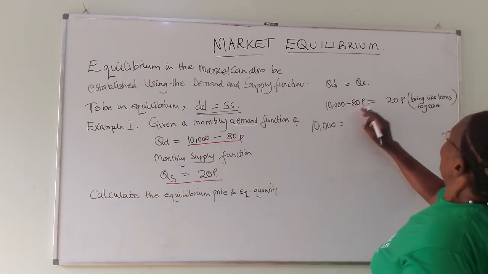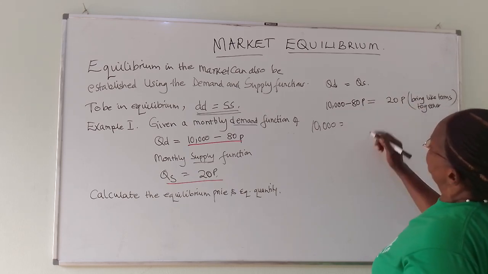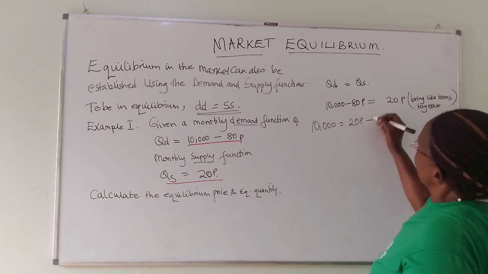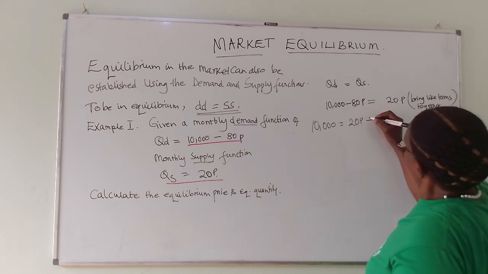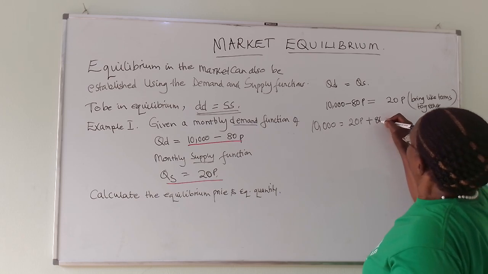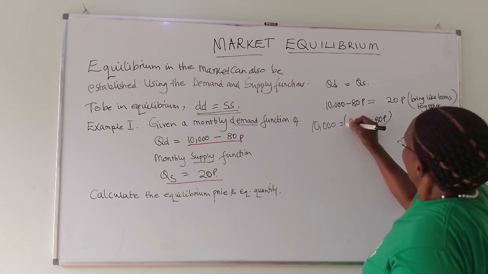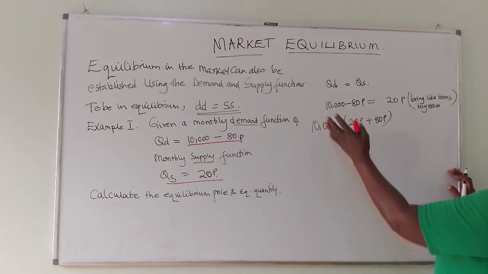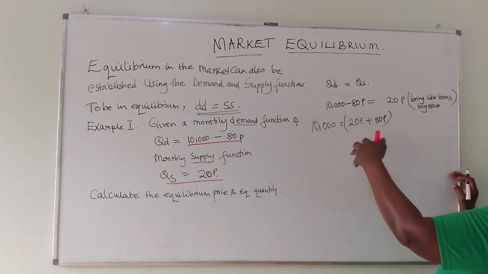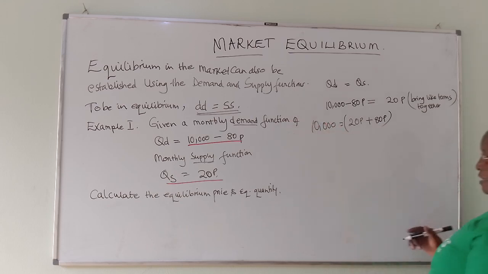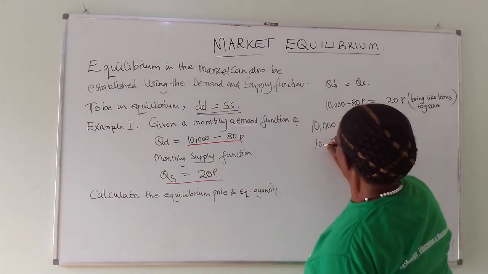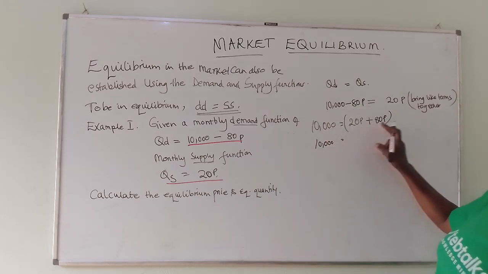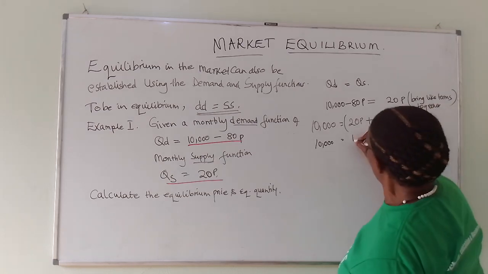When it crosses to the right, it becomes positive. So it's going to be equal to 20p plus 80p. Here the like terms have been brought together. Those which carry p are on one side, and the figure with no p remains on the other side. And here we have our 10,000, which is equal to 20p plus 80p, which gives us 100p.